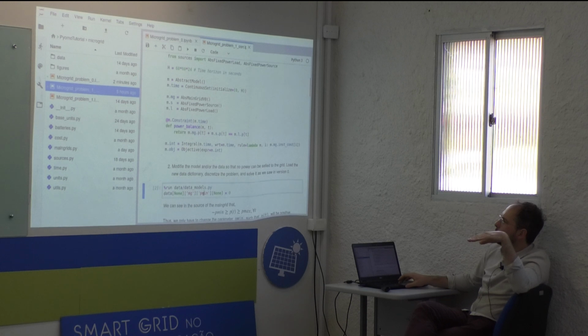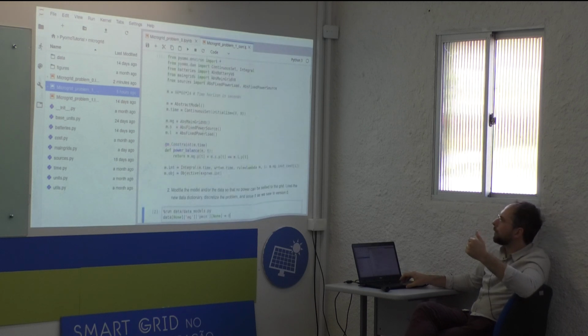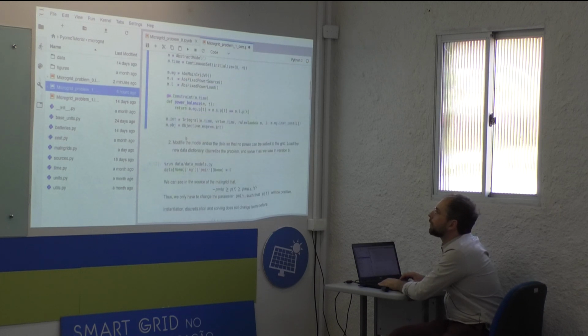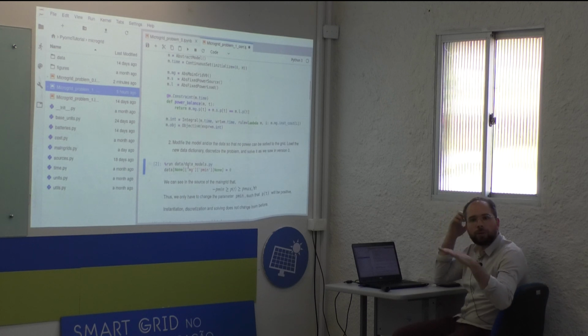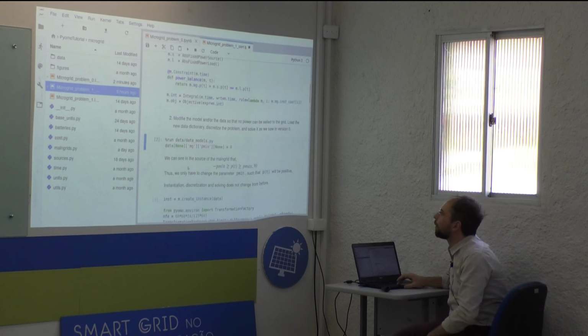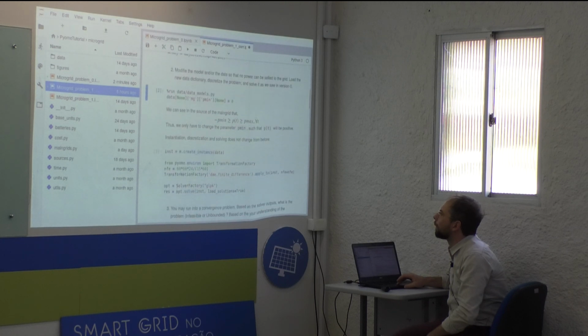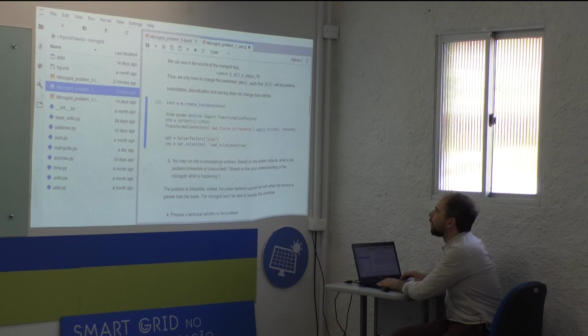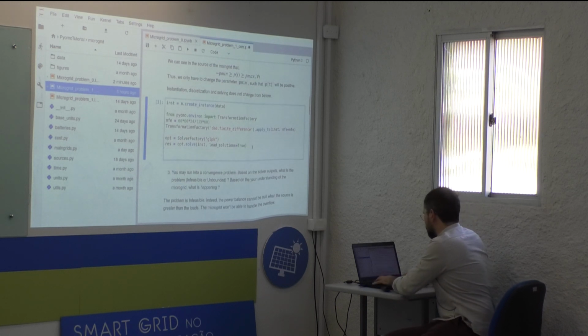I can fix the minimal power to 0 in the data of my model, and I don't have to change the model for that. So I only have to do that. Then now I can change the data, so I cannot sell power to the grid. I create a new instance. And I can plot the results.